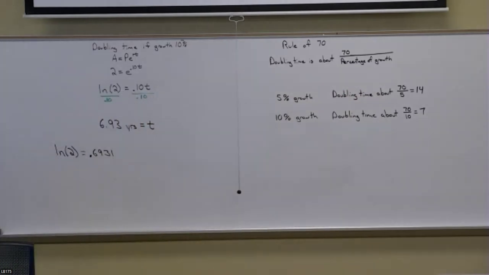Okay. But that's something that apparently people talk about. I'm not into finance, but a couple of my friends are, and they've said something about the rule of 70, and sure enough, when you look it up, it is there. It's an approximation technique.